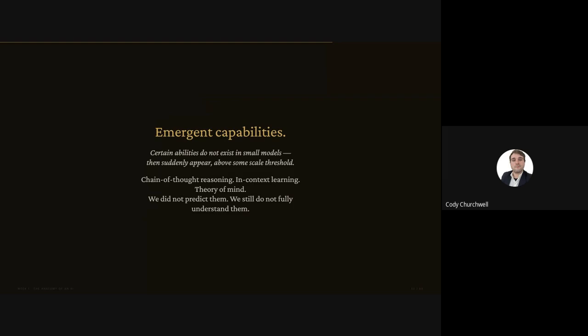We still don't fully understand why. A 2023 paper by Schaeffer et al. argued some emergent capabilities are measurement artifacts, and that debate continues. This is worth sitting with. We're training systems whose capabilities we cannot, even in principle, fully predict in advance. The substrate is hiding capabilities from us until it isn't.